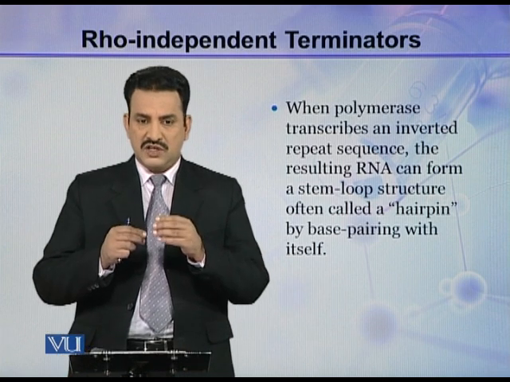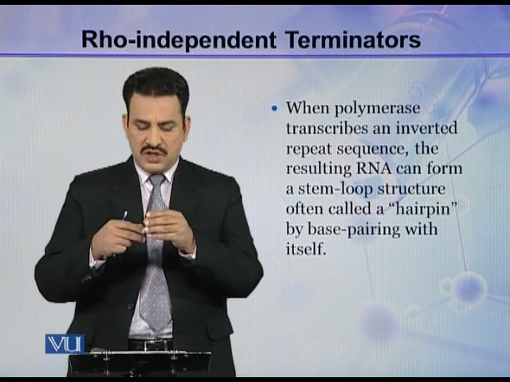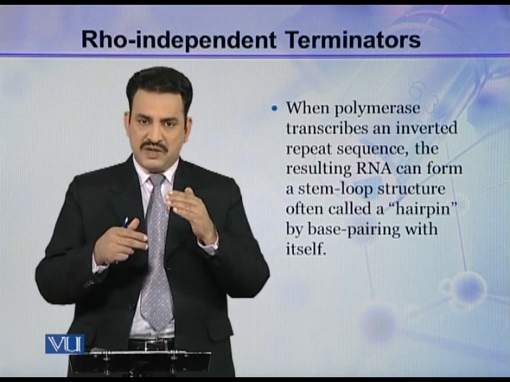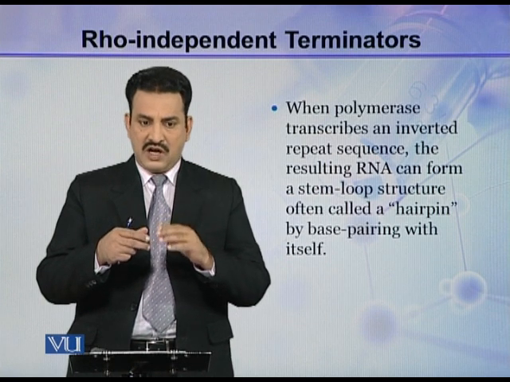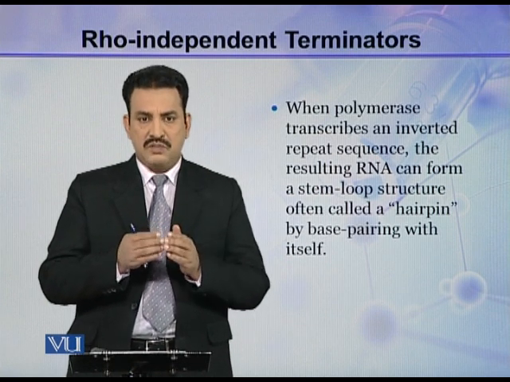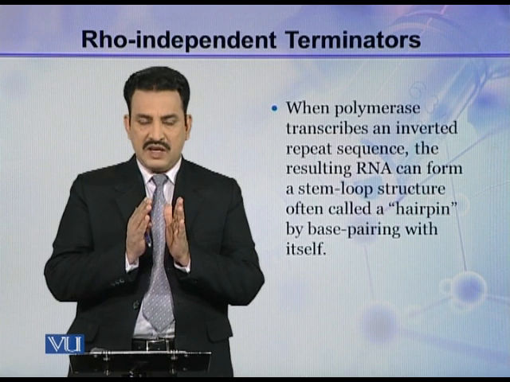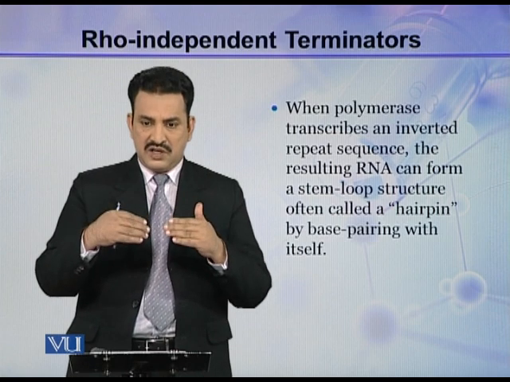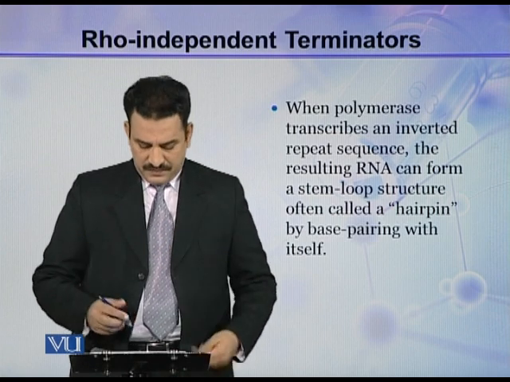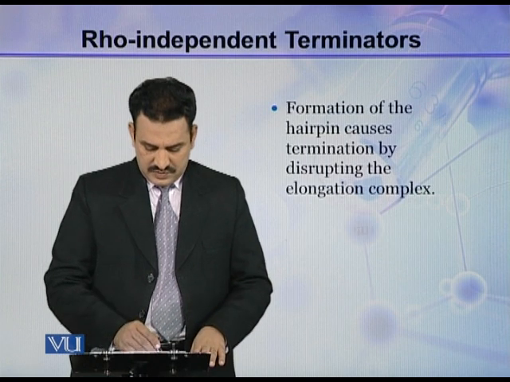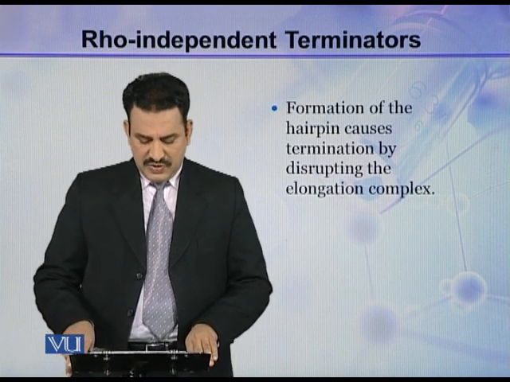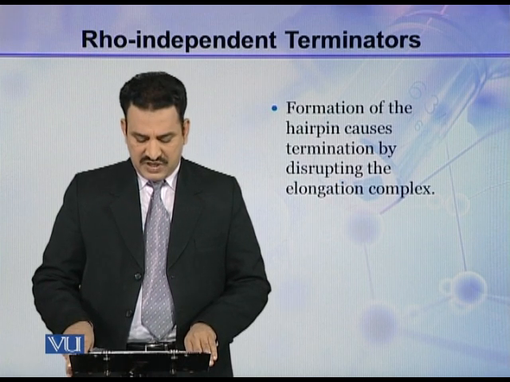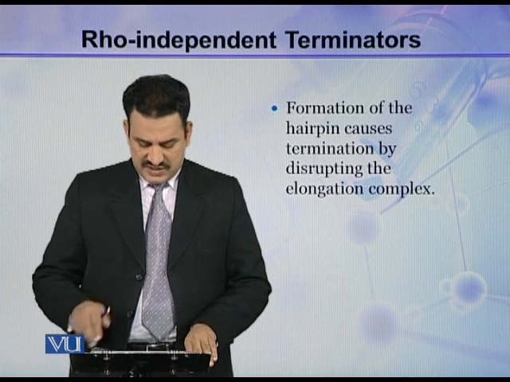So when this inverted sequence passes through transcription and is transcribed into mRNA, after transcription it makes a stem loop by base pairing with itself, because these two sequences are complementary inverted sequences. Formation of the hairpin loop causes termination by disrupting the elongating complex.